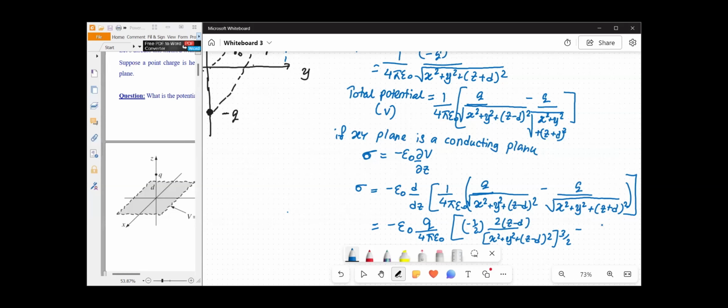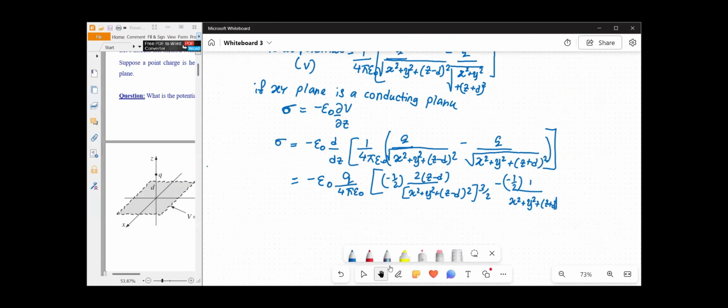Here also we get minus half times 1 over x squared plus y squared plus z plus d squared to the power 3 over 2, times 2 times z plus d.